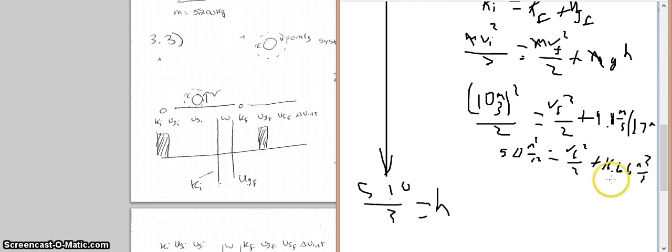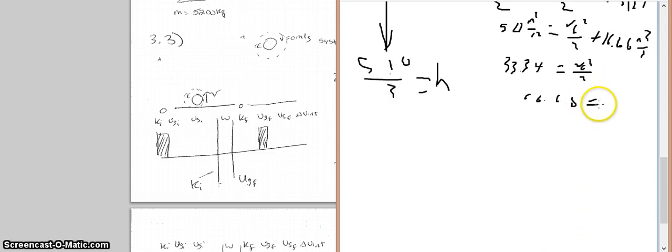Now we can subtract this onto the other side. So we get about 33.34. Yeah, 33.34 is equal to final velocity squared over 2. And if you multiply 2 on both sides, you get 66.68. And then for the square root of 66.68, I'm getting ahead of myself.